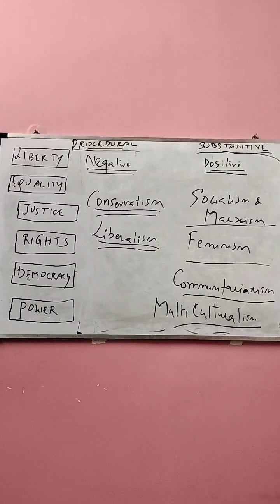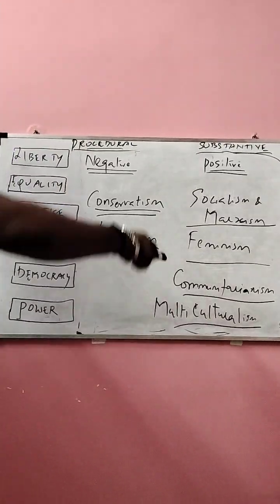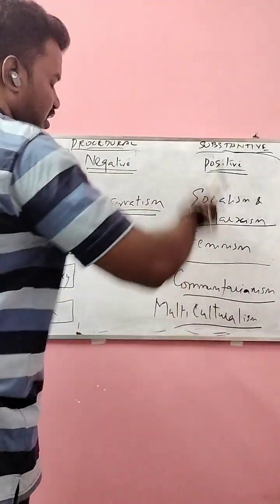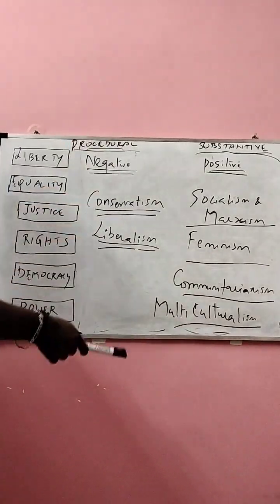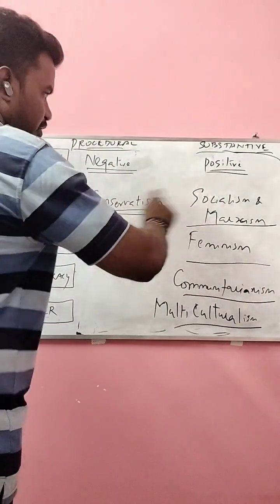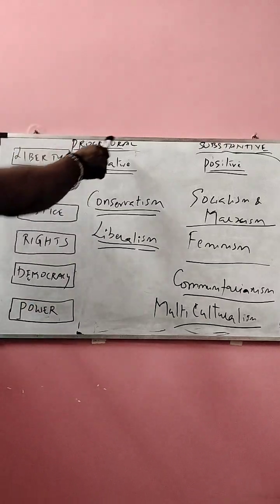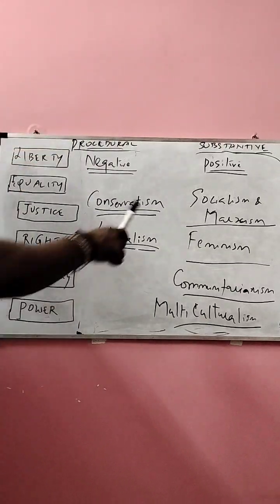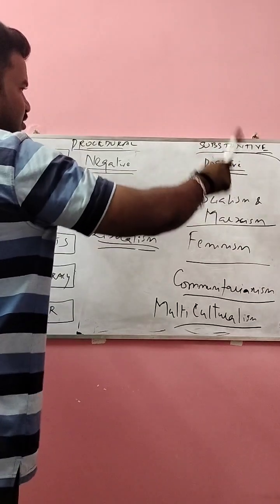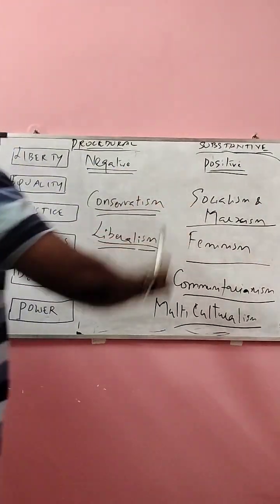Conservatives and liberals support equality of opportunity. Socialists, Marxists, feminists and others support equality of outcome. You have to associate accordingly. We already studied that. Equality of opportunity is associated with procedural, equality of outcome with substantive. So please associate accordingly.